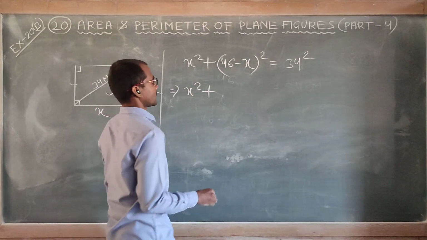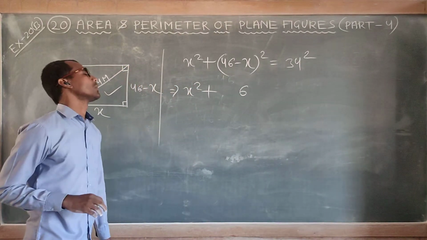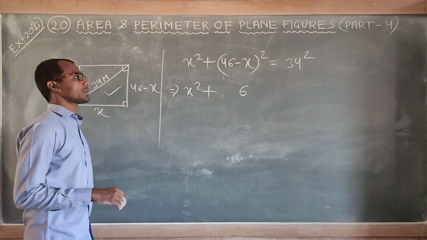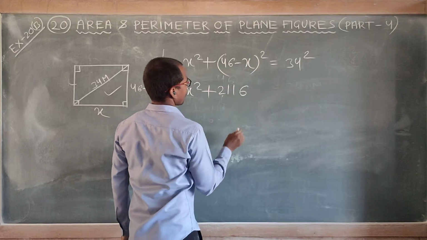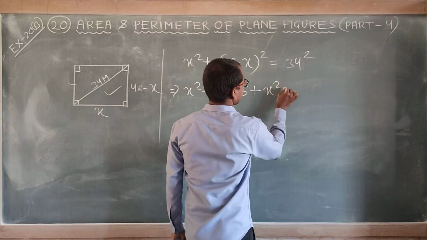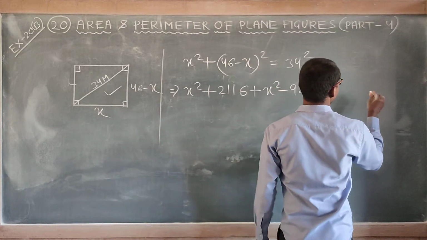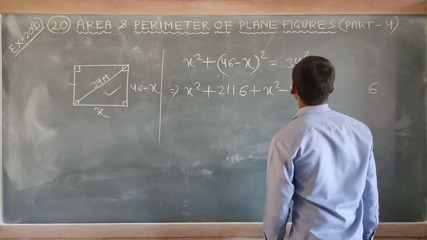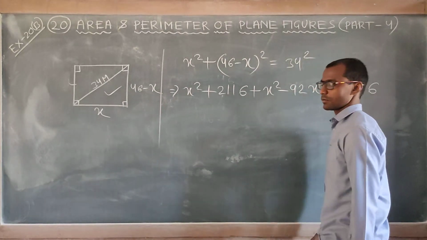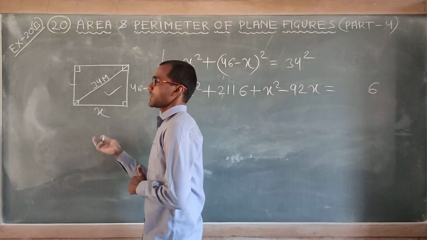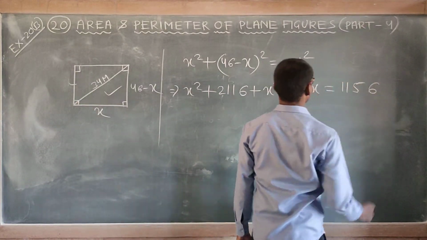46 square is 2116. So 2116 plus x square minus 92x is equal to 34 square, which is 1156.